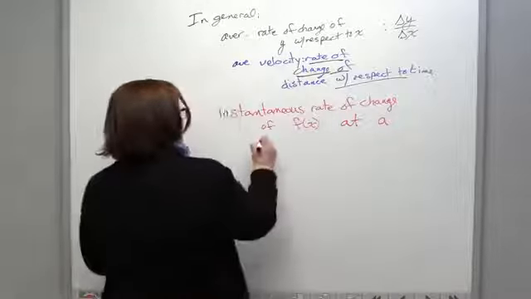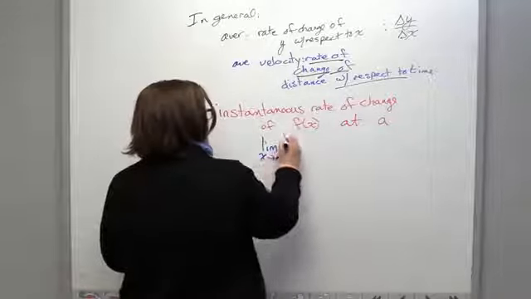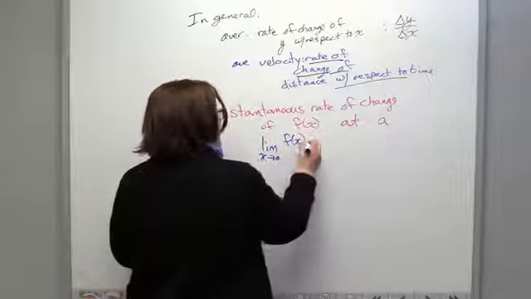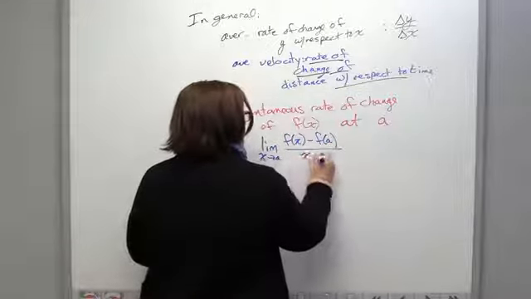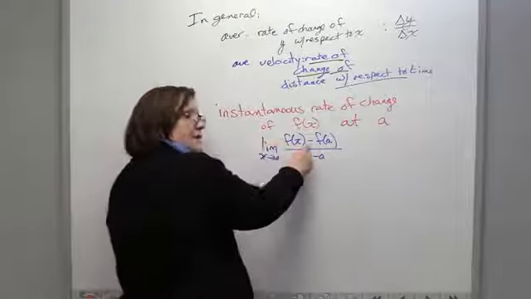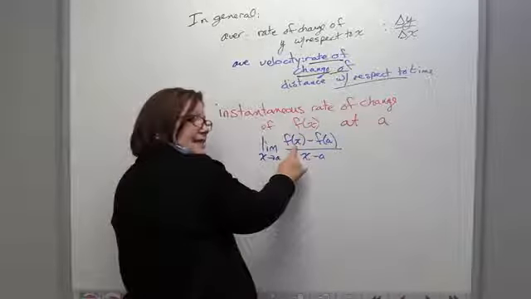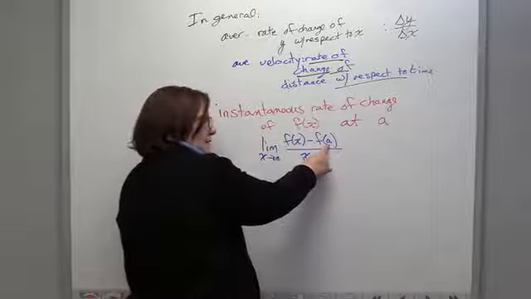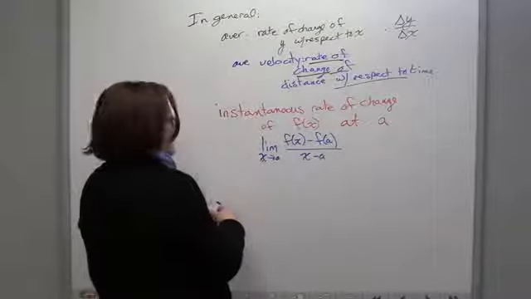So we can look at the limit as x goes to a of f of x minus f of a all over x minus a. That's how we calculated the difference between the distance we traveled at x seconds minus 7 seconds all over the time elapsed, which were the difference between those two time intervals.